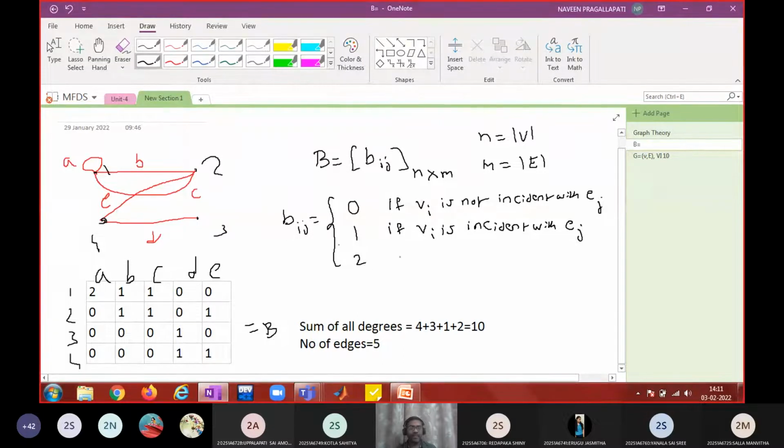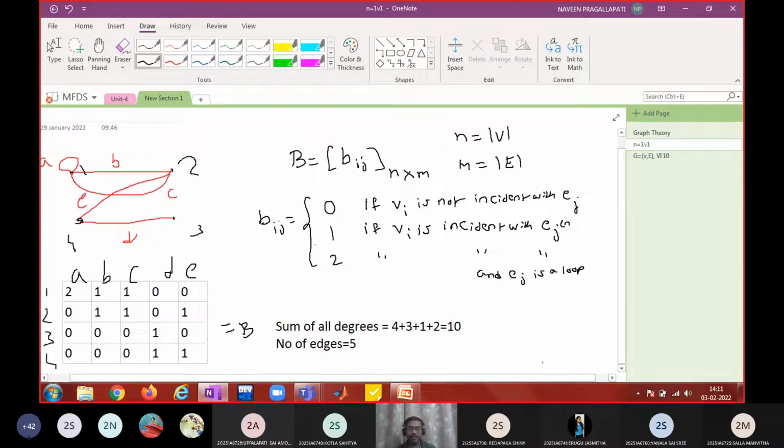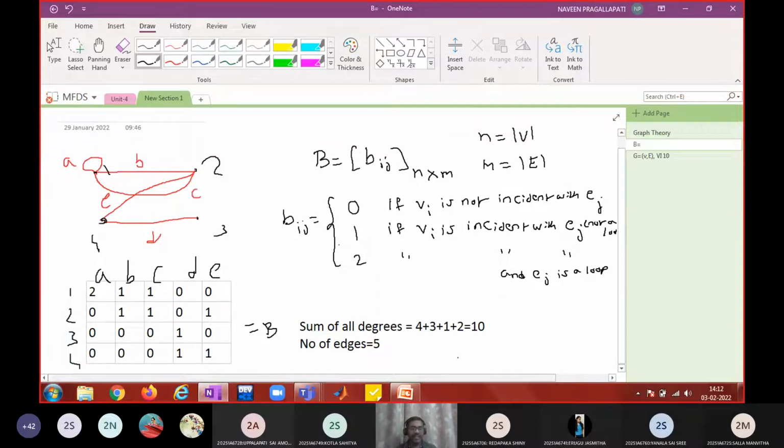And what is 2? It is 2 if Vi is incident with Ej and Ej is a loop.